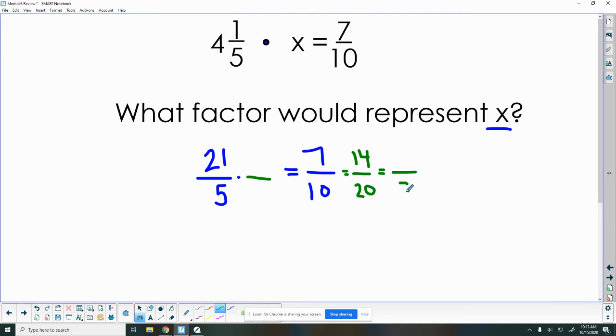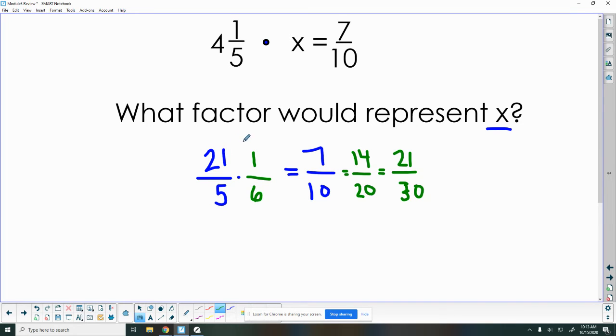So 10, 20, 30, 7, 14, 21. Can I get from 5 to 30? Yes, I can times by 6. 21 times what would be 21? 1. Let's try that out. We've got 1 and 6.